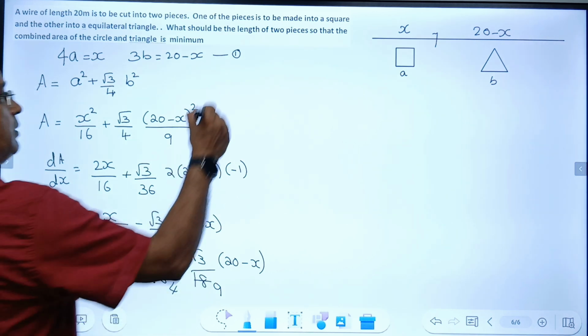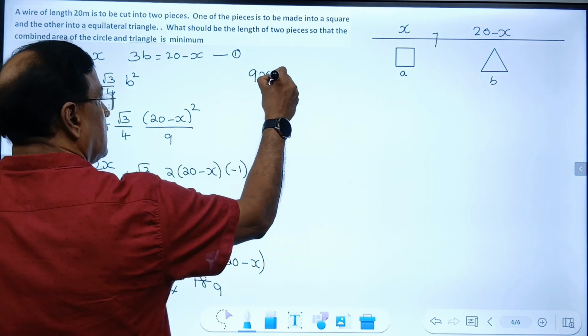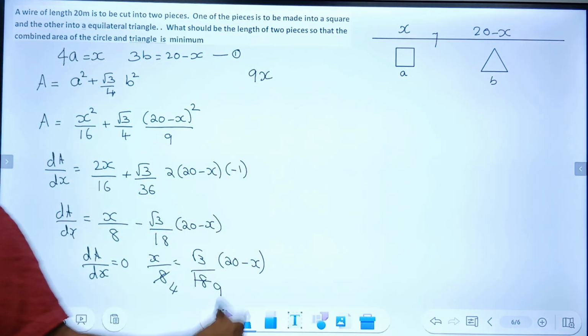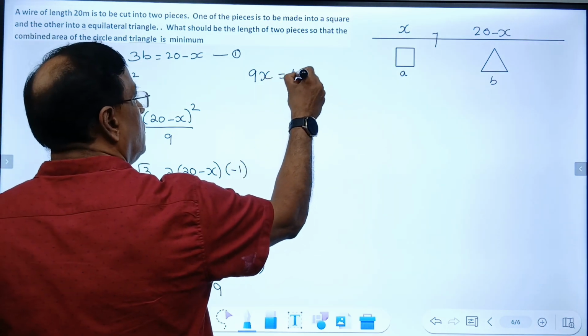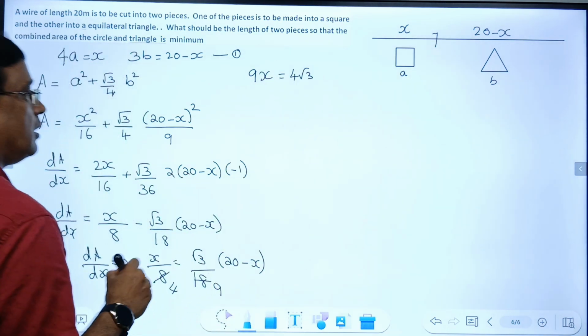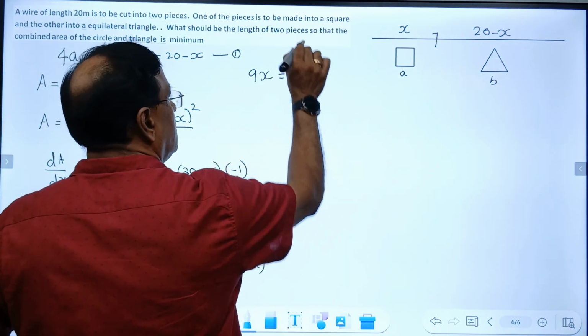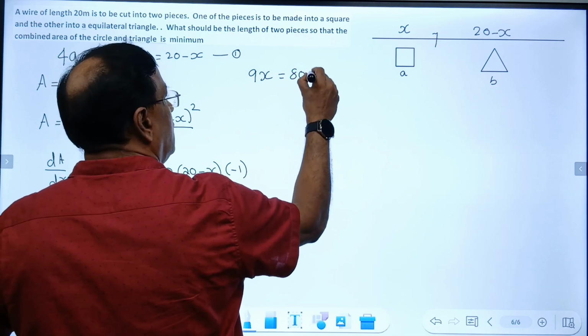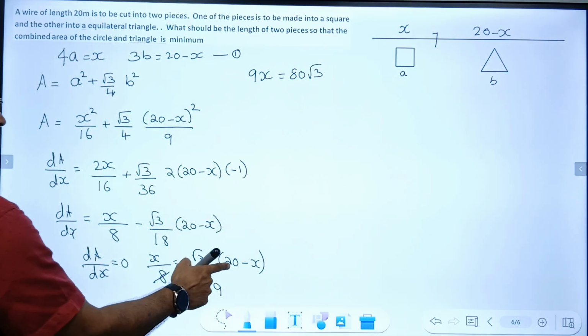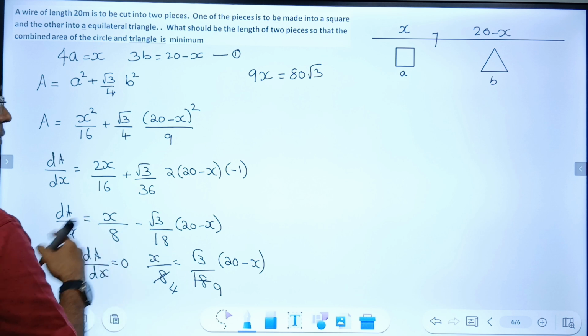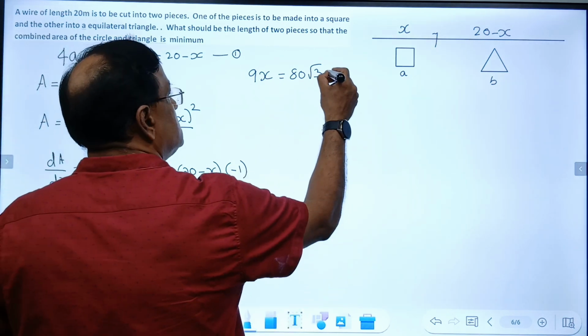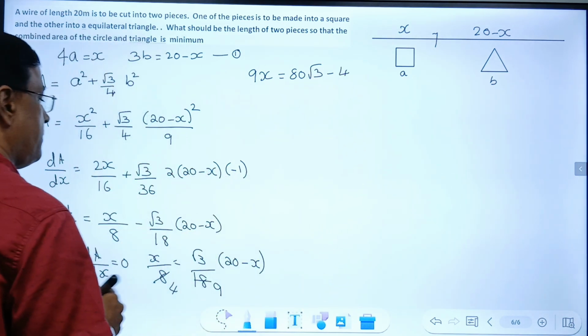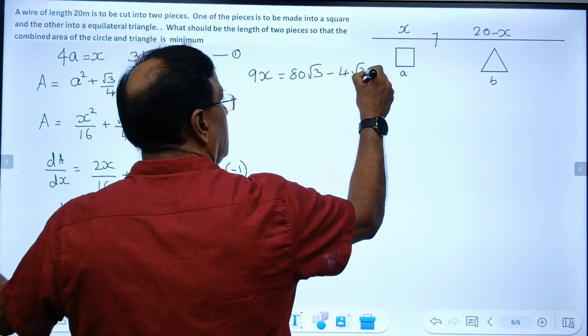You can cross multiply, you get 9x equal to 4 root 3 into 20 minus x, that is 80 root 3 minus 4 root 3 x.